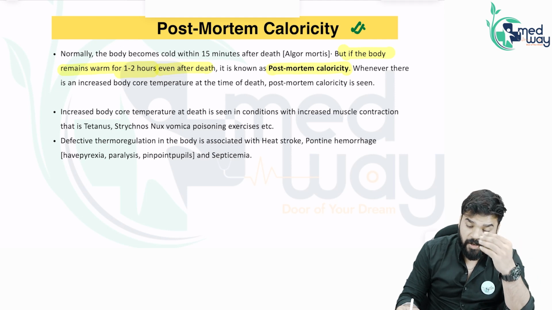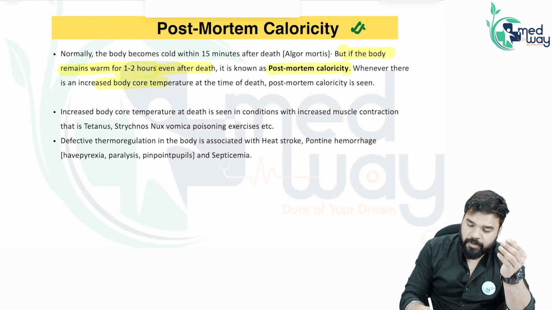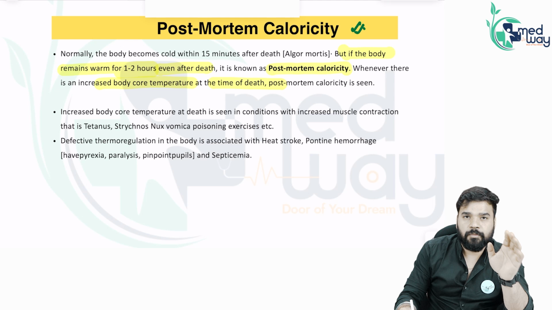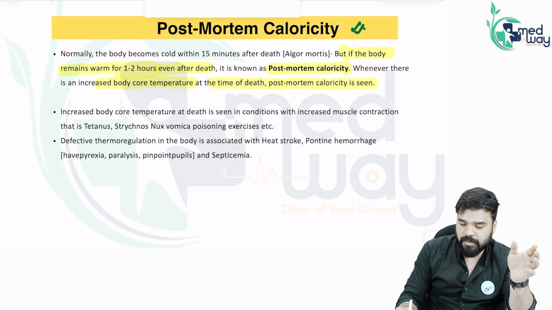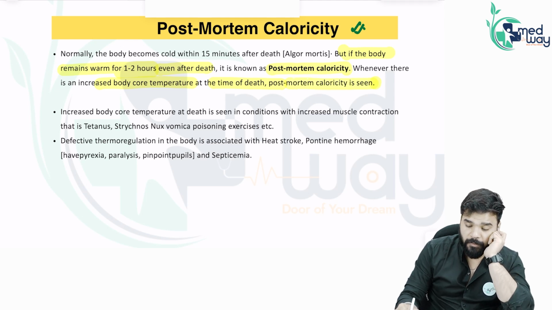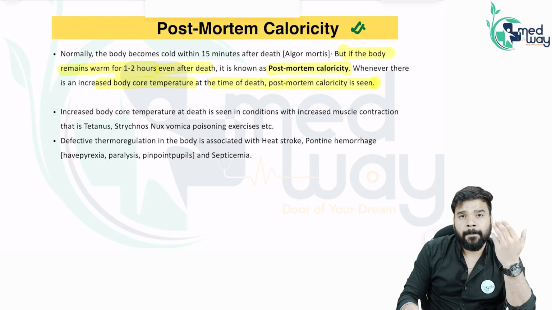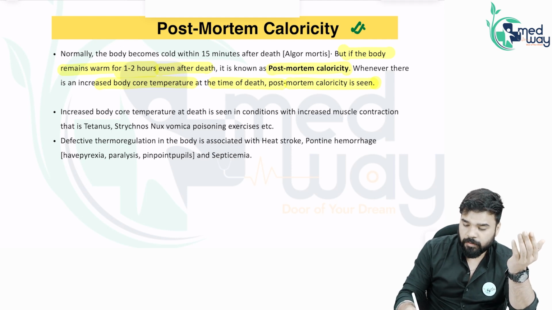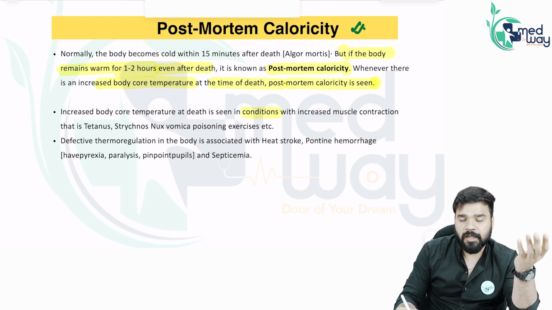Okay. Whenever there is an increase in body core temperature at the time of death, postmortem caloricity is seen. Now, what are the conditions in which there will be increased body temperature?